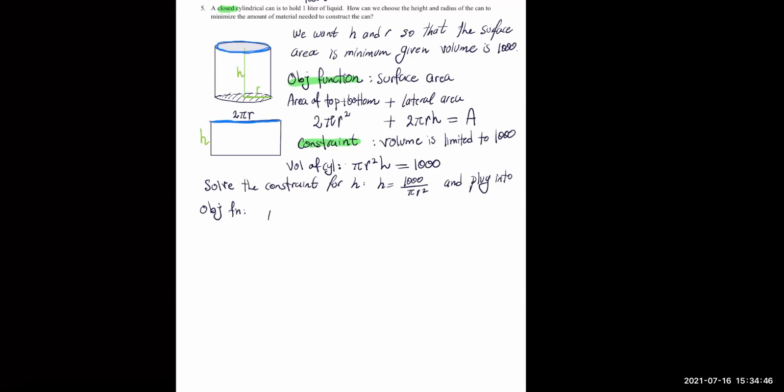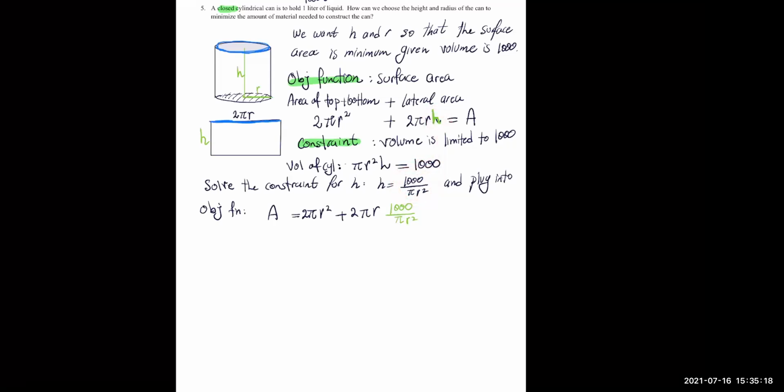So our objective function becomes A equals pi r squared times or plus 2 pi r squared plus 2 pi r h. This h is now 1,000 over pi r squared. So again, this goes in here.